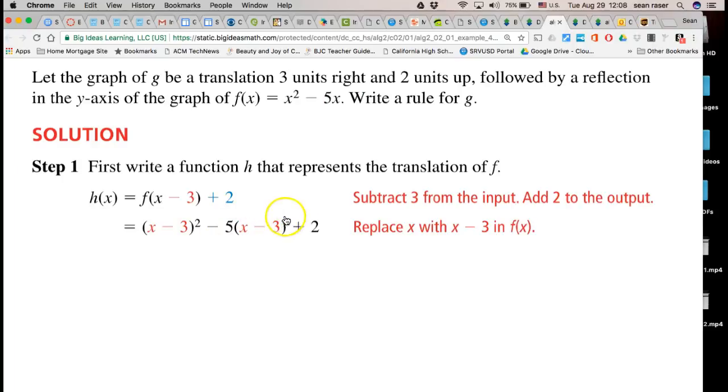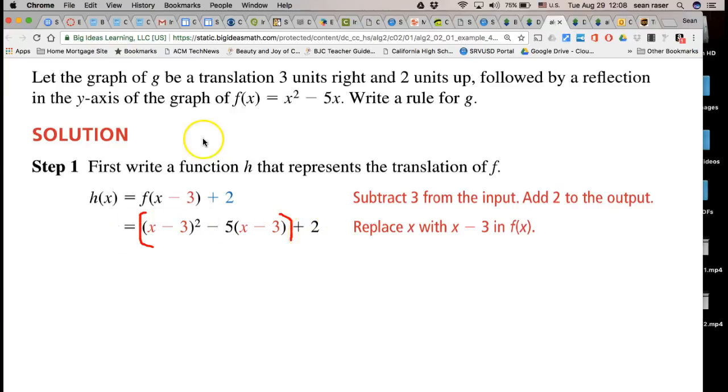So right here is our function f, x squared minus 5x, except we've replaced x with x minus 3. That was our translation 3 units to the right, and then we're adding 2 to the entire function.